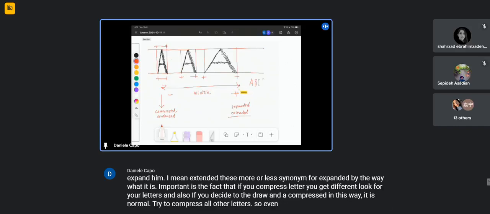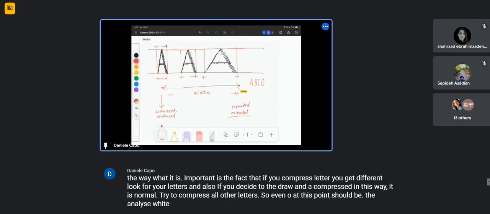So even the O at this point should be an ellipse, quite tall compared to the normal O or the extended O. Okay.